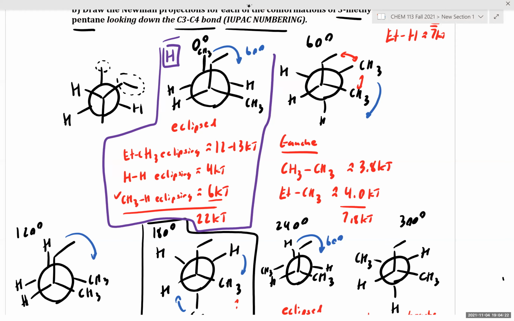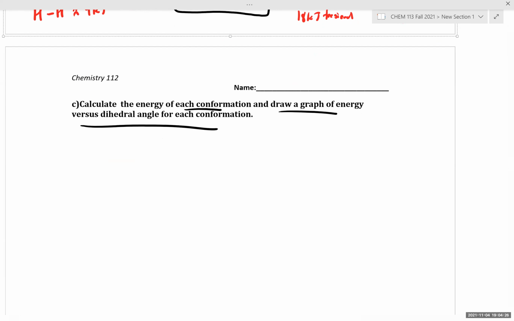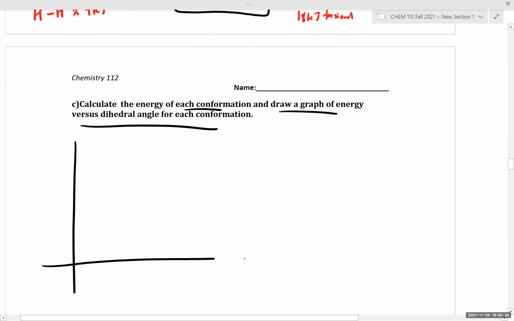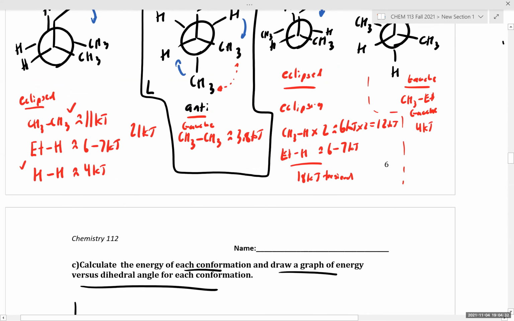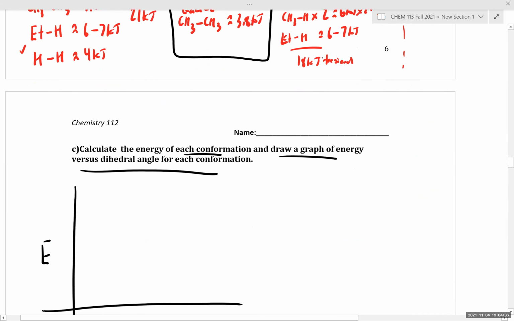Okay, perfect. Or 360. So now we're asked to draw a graph of energy versus dihedral angle. So let's see, we go all the way from 0 all the way up to 22. 2, 4, 6, 8, 10, 12, 14, 16, 18, 20.